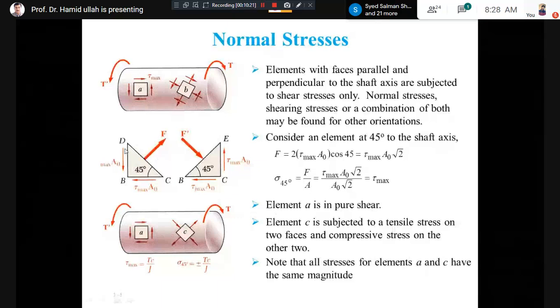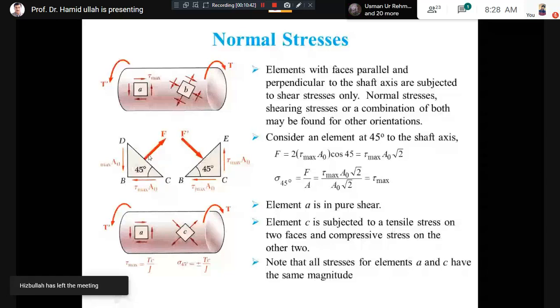So this diagonal is basically the cross section, and you can see on the cross section there is a resistive force. Why resistive force? Because it is acting on the cross section. And if you look at the force, everyone could see the force is acting perpendicular, normal to the plane.